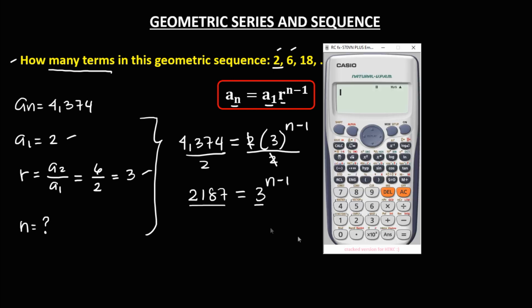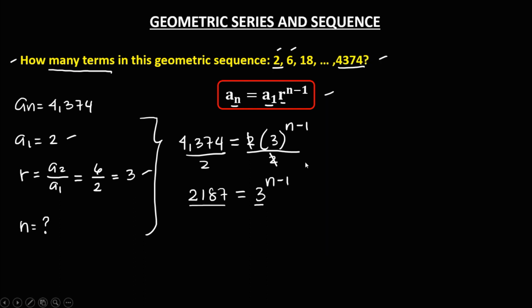So again, with base 3, if we have 3 to the power 4, that's 81. 3 to the power 5, that's 243. Or 3 to the power 7, that's 2,187. So therefore, 2,187 is equal to 3 to the power 7.